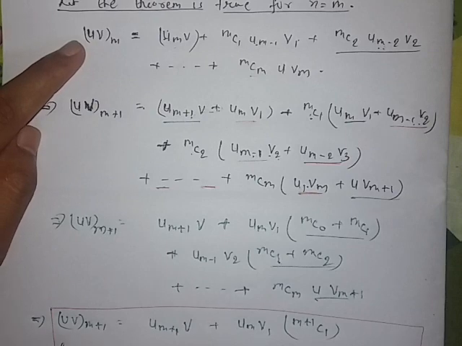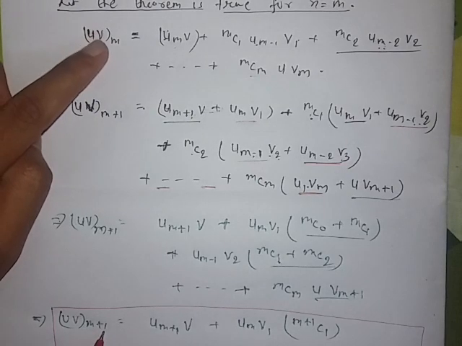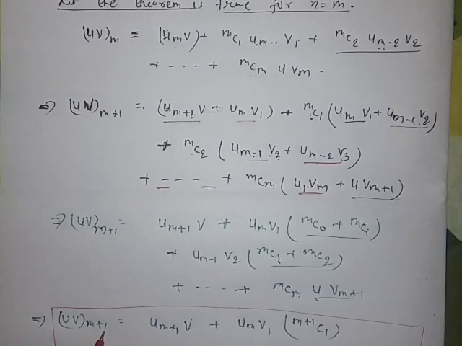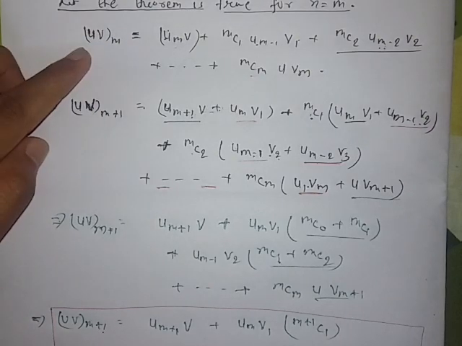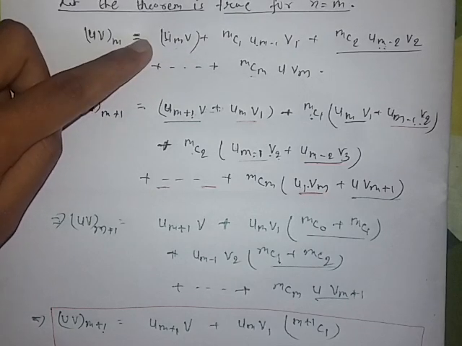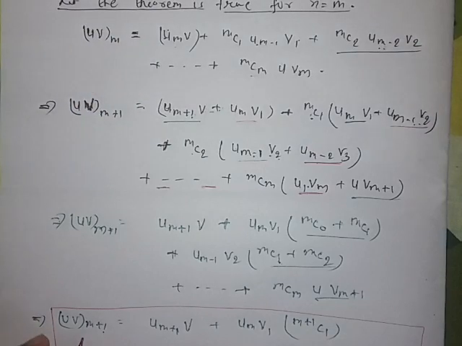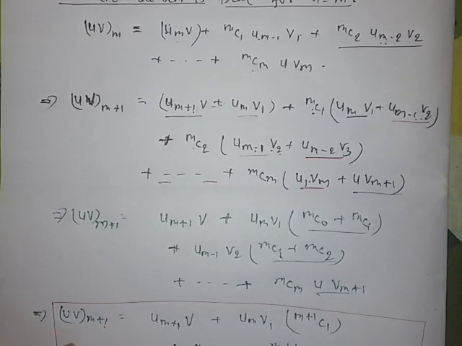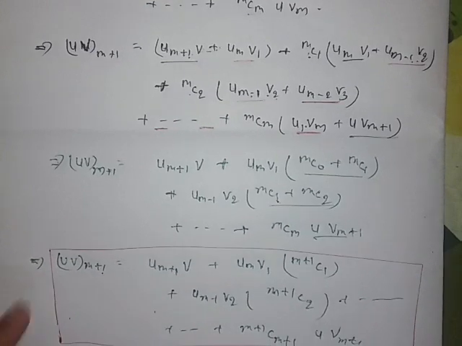That means, is this theorem true for m plus 1 if this is true for m by induction method? So if we take the mth time derivative, then this will be equal to this form, and if we take m plus 1, then we will obtain this form. Are both the forms equal or not? This is our task to watch.